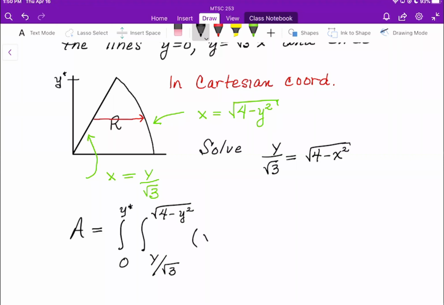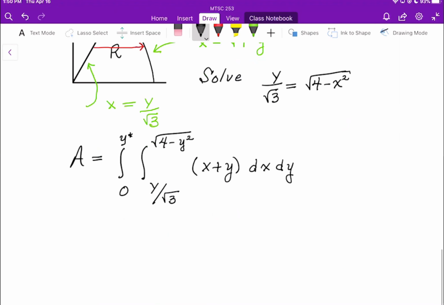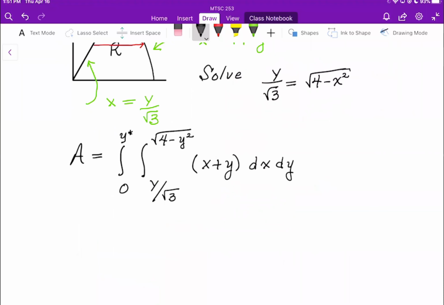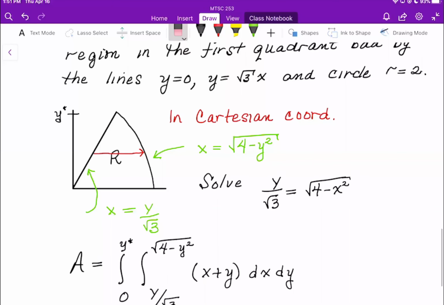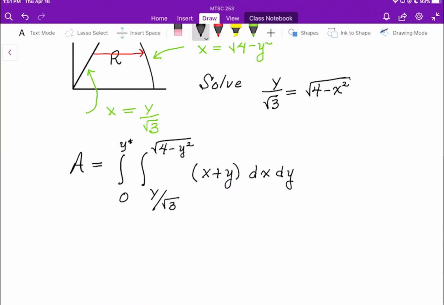And then I would have x plus y dx dy. Actually, this one's not too bad. I can do that one without having to use trig sub. But instead, let's do it the way we want to do it, which is using polar coordinates.